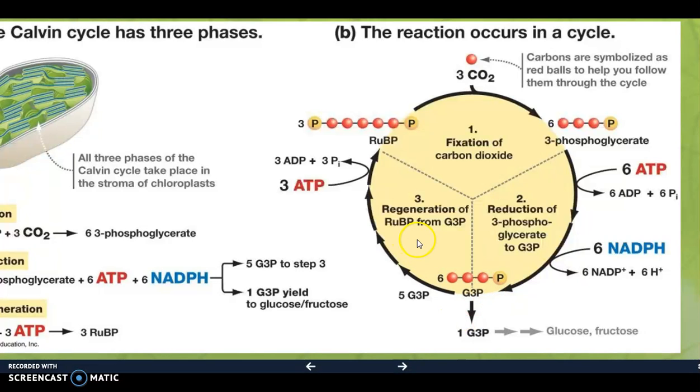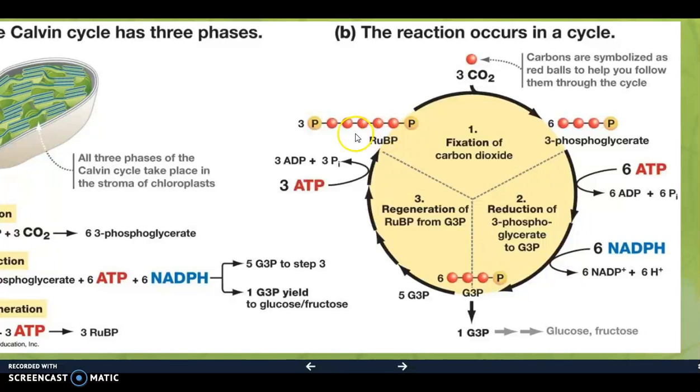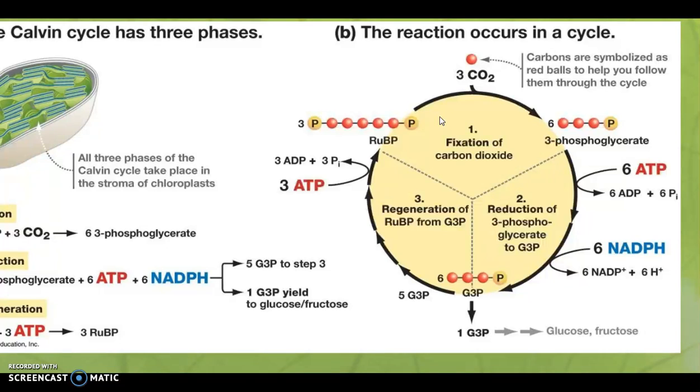So G3P, it's a 3-carbon molecule. However, we still need to go through another part of the Calvin cycle. We have to go through regeneration. So remember, in this process, we started with this 5-carbon RuBP. We have to get back our 5-carbon RuBP. So there's a whole series of reactions that I won't get into. You'll learn about those when you take biochemistry, that are responsible for regenerating RuBP, so RuBP can be available to fix carbon dioxide as the cycle continues.